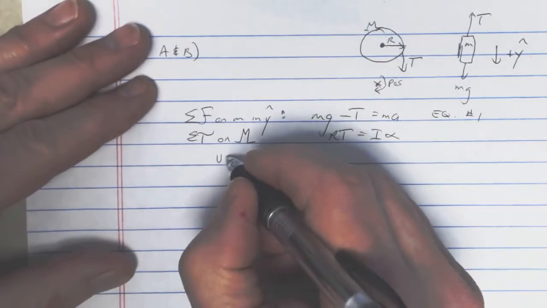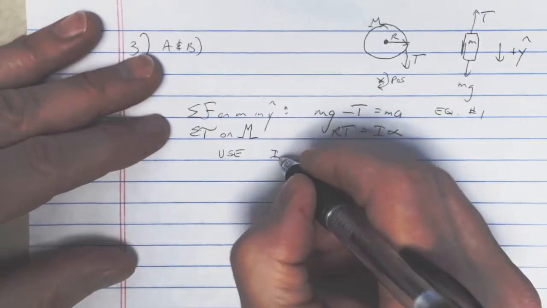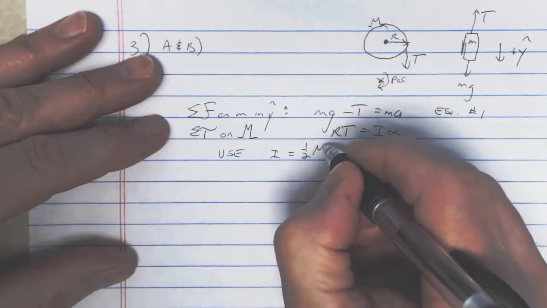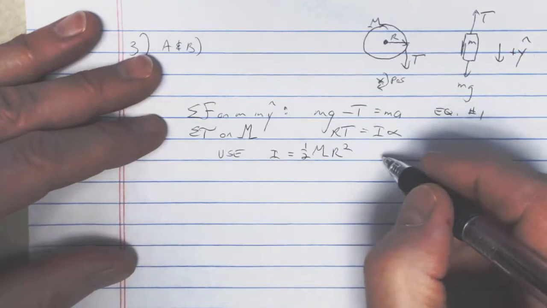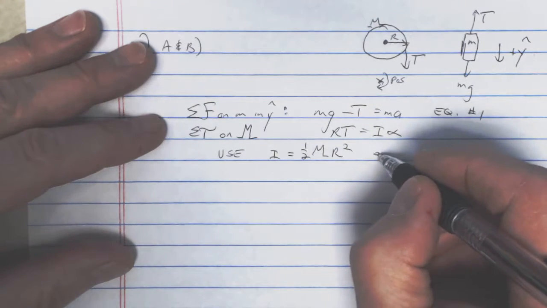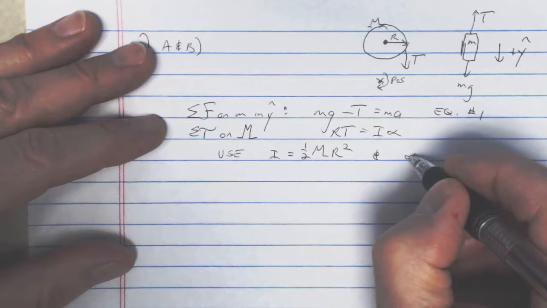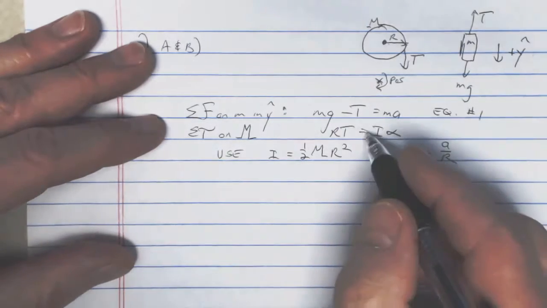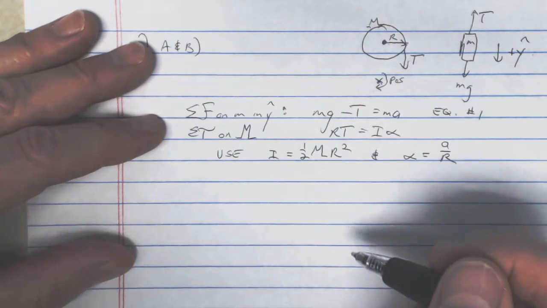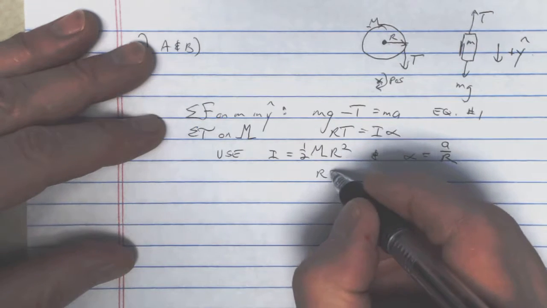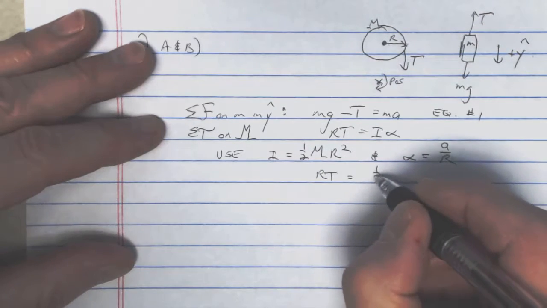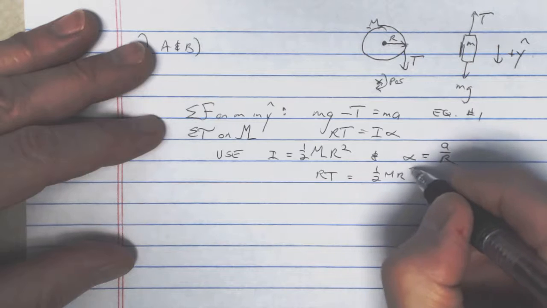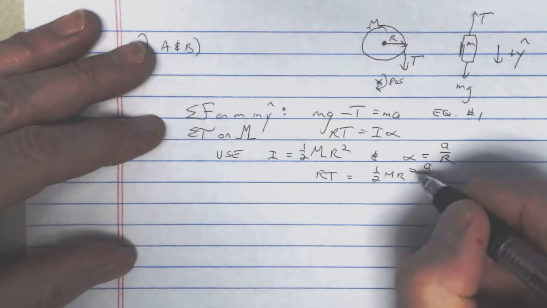Now, I'll use the fact that the moment of inertia is 1/2 capital M r squared, and alpha is equal to a over r, to simplify this expression for the torque, and say RT equals 1/2 M r squared times a over r.